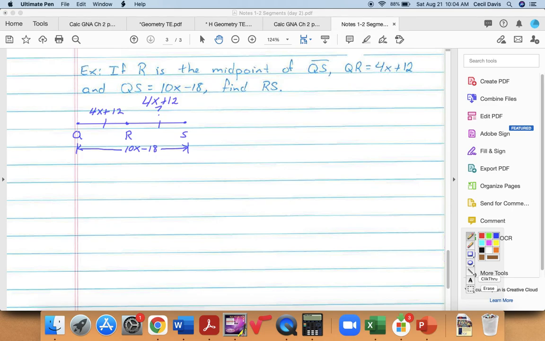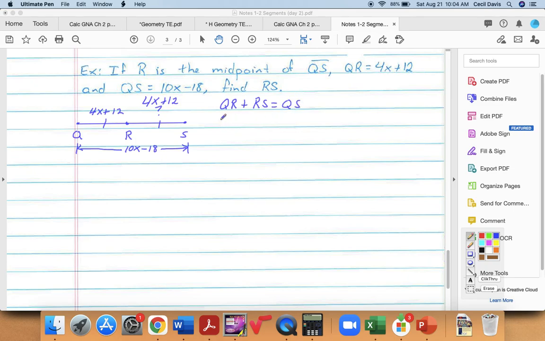Well, I want a numeric answer for it, so I need to be able to write an equation and solve for x. How can I do that? Well, notice I've got this part, and this whole segment all in terms of x. I can use the segment addition postulate. The length of QR plus the length of RS gives me the length of QS.